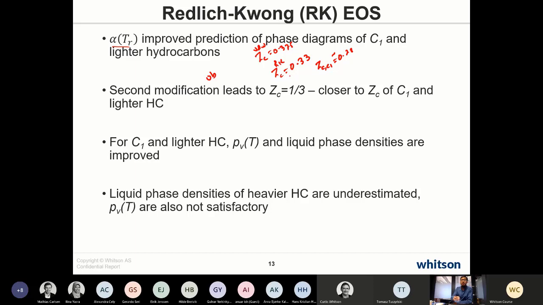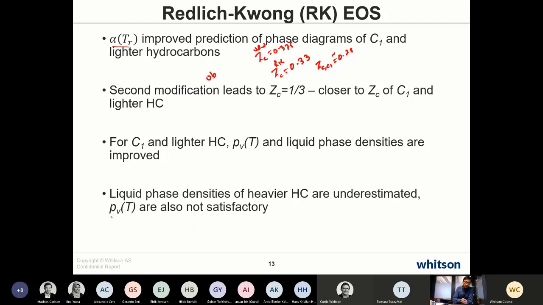So getting closer to the critical Z factor of these lighter components helped bring the densities more in line, but the liquid phase densities of the heavier components, which they were not mainly interested in, were still underestimated.